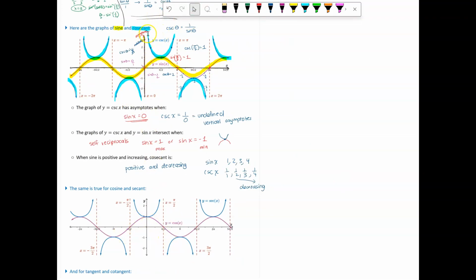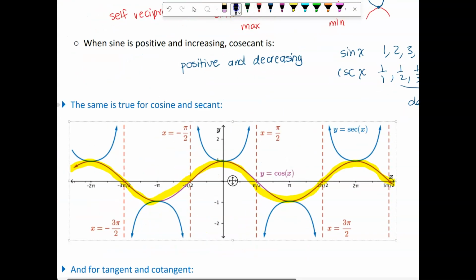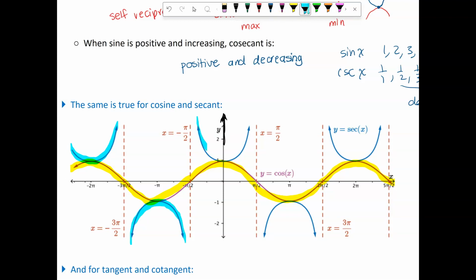So as you can see, cosecant starts from the y-axis and does the loop, versus cosine and secant, it happens across the y-axis. So here is the cosine graph. There's your y-axis, which is the middle of your graph here. But then the secant graph, which is for cosine, is now doing the same pattern of the loops, the parabolas.